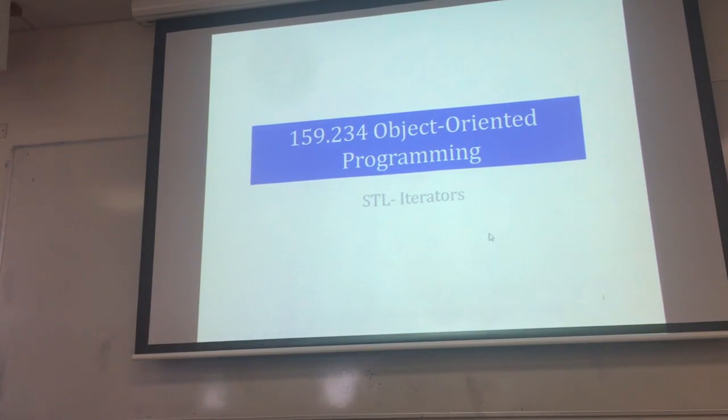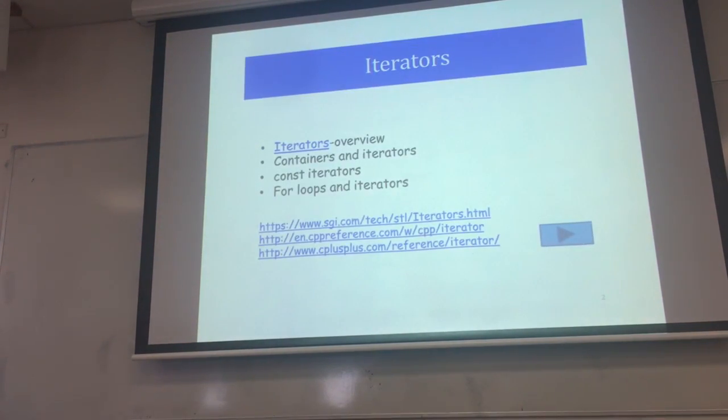We have started talking about the standard template library, and we looked at iterators. And I mentioned that there are 2 issues about iterators. One is the hierarchy of iterators, which is not an object-oriented hierarchy. We have input iterators, output iterators, forward iterators, bidirectional iterators, and random iterators.